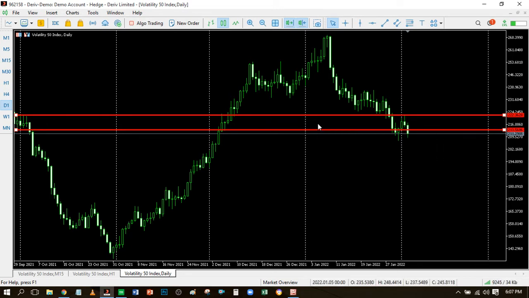Now it's considered as a consolidation. That is, nothing is happening in the market. The market is flat. But the moment the price drops below this, it's considered that the market is dropping lower. Now if the price breaks above this upper band, I believe that the market is trending upwards.